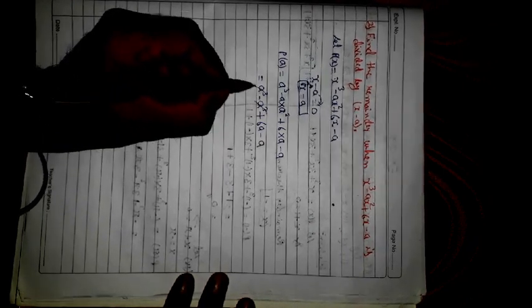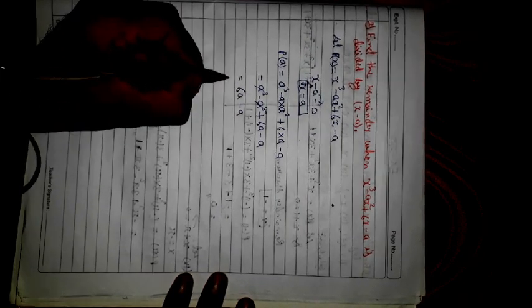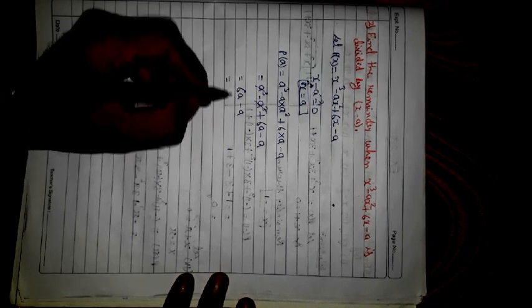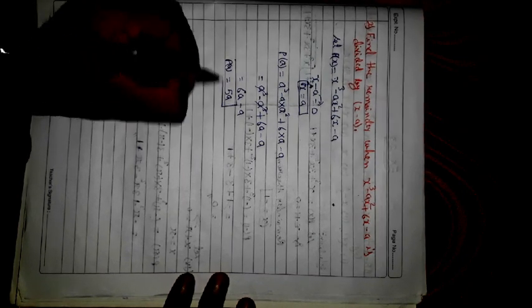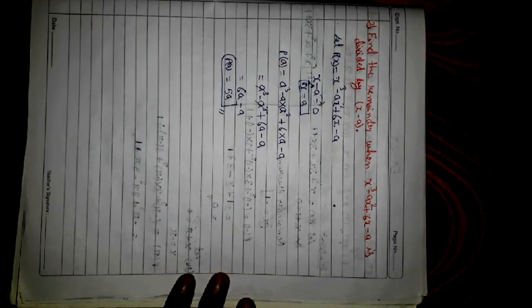So positive and negative a cube can be cut. Finally we have 6a minus a. 6a and minus a both are like terms, so they can be subtracted. 6a minus a becomes what? 5a. So 5a is the answer, or we can say 5a is the remainder of the given polynomial when divided by x minus a.